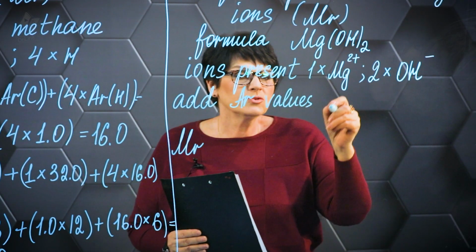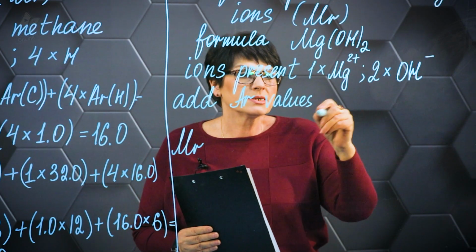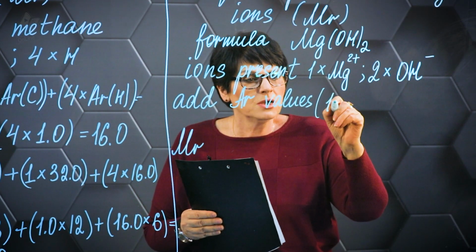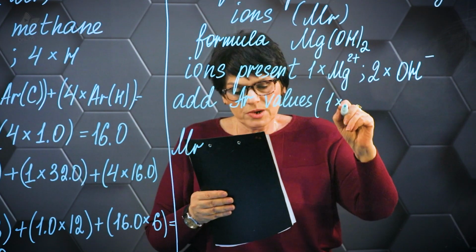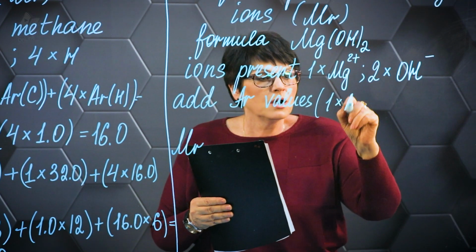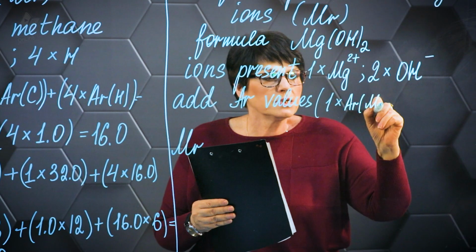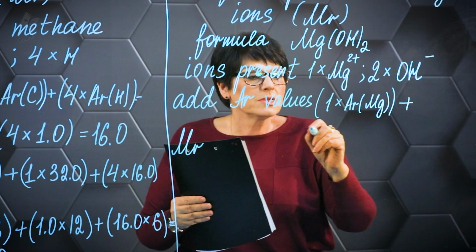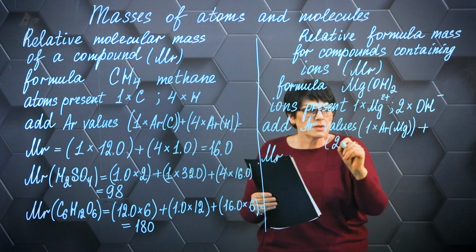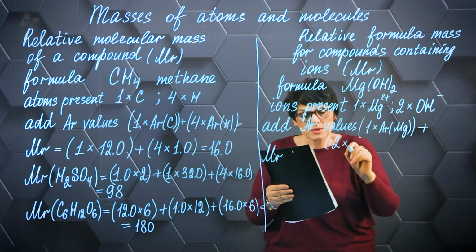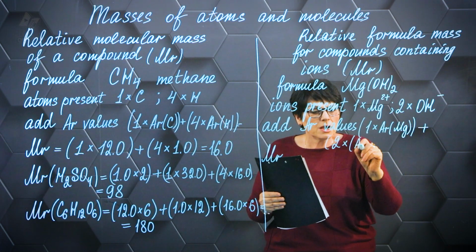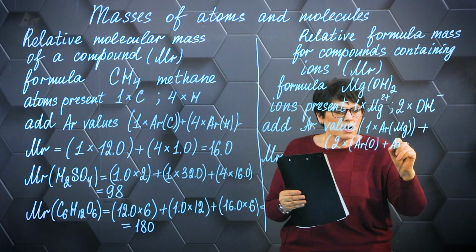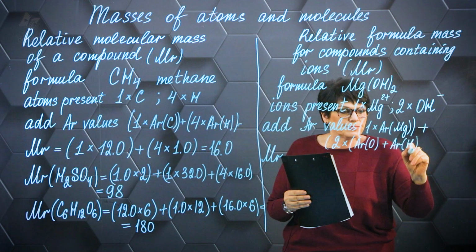Now, what will the added masses consist of? That would be 1 magnesium ion multiplied by the Ar of magnesium, plus 2 OH ions, each with the Ar of oxygen plus the Ar of hydrogen.